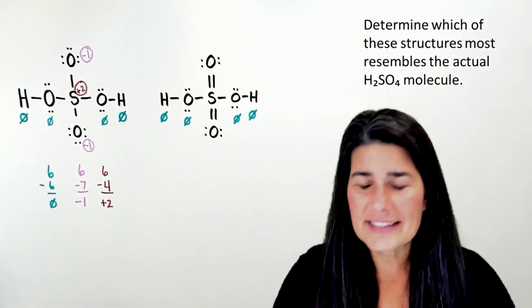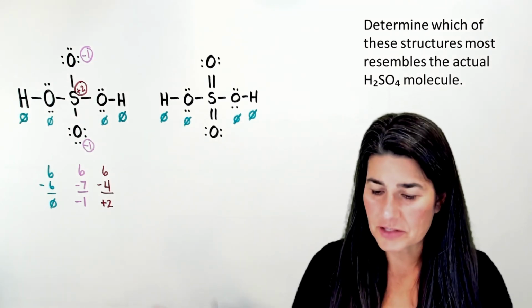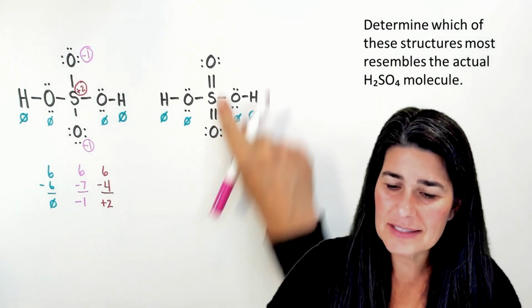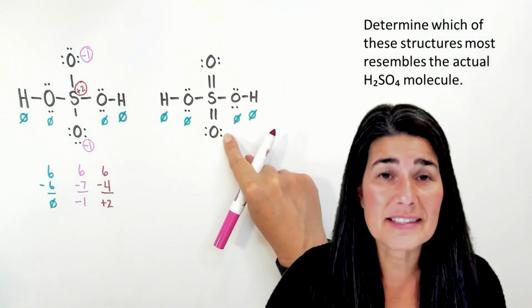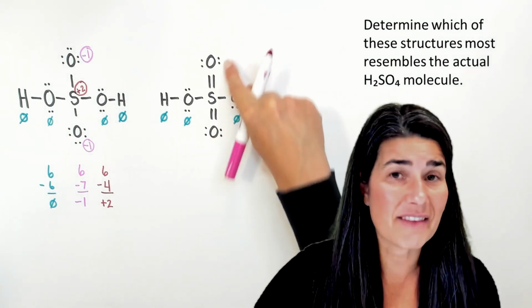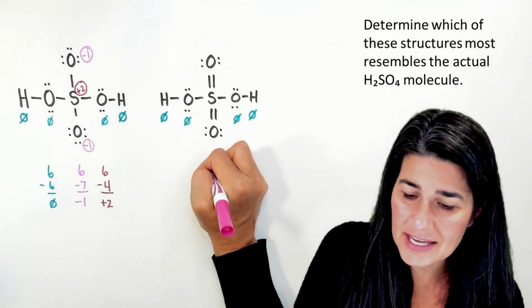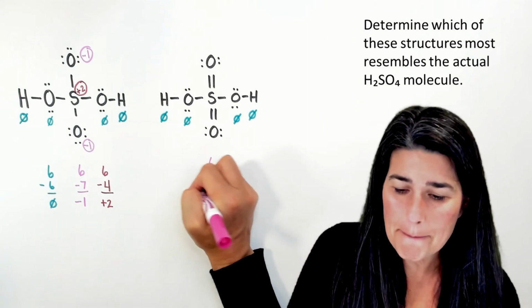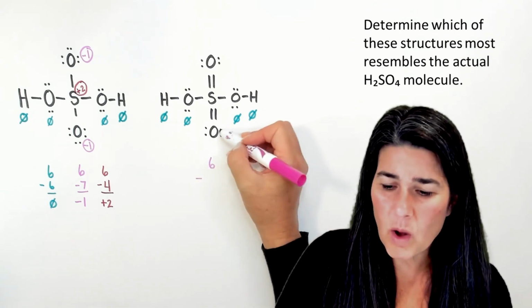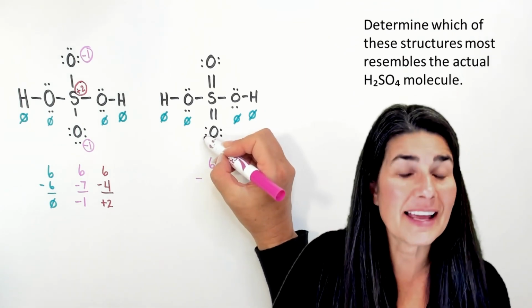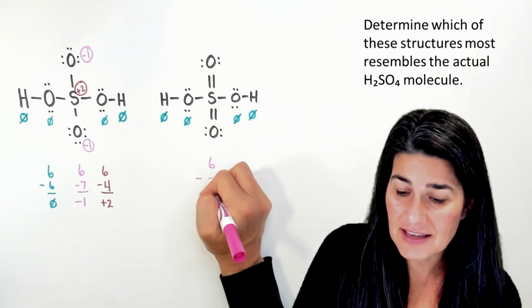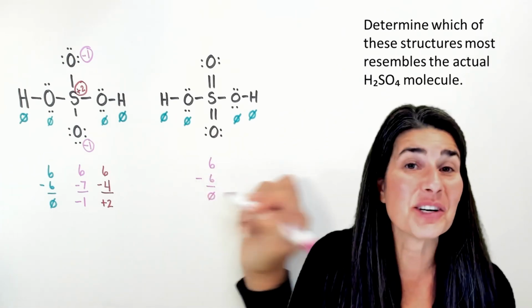I'm going to start with the top and bottom oxygen. My oxygens, top and bottom, both have 2 bonds and 2 lone pairs, so they're going to have identical formal charges. Oxygen should have 6 valence electrons, minus 1, 2, 3, 4, and half of each bond, 5, 6. 6 minus 6 is 0.